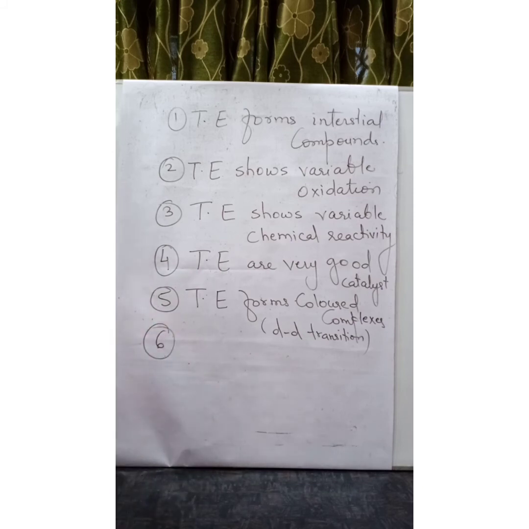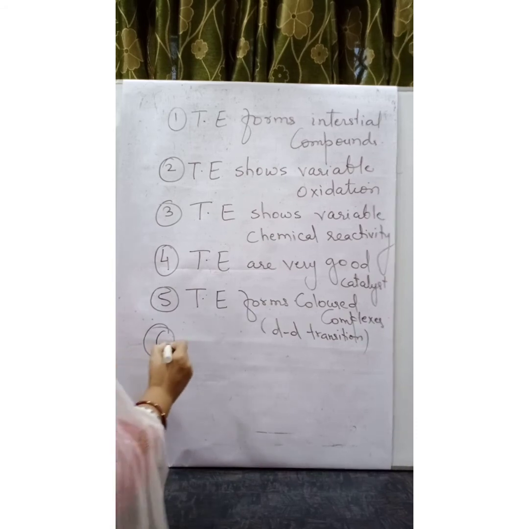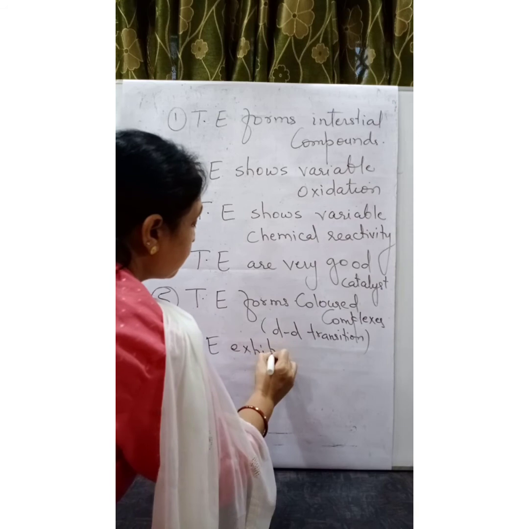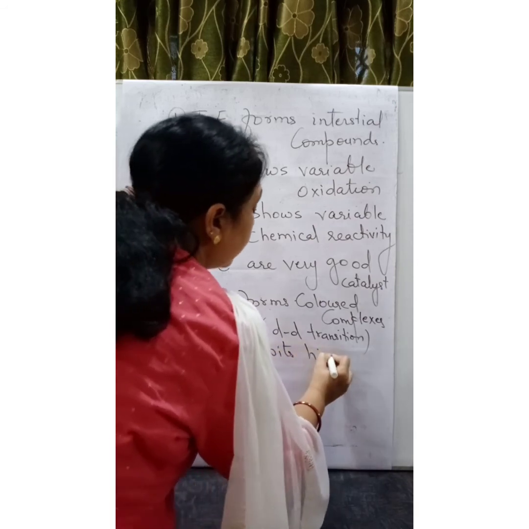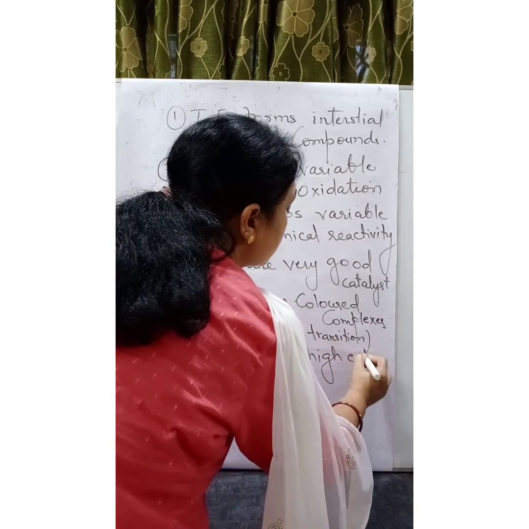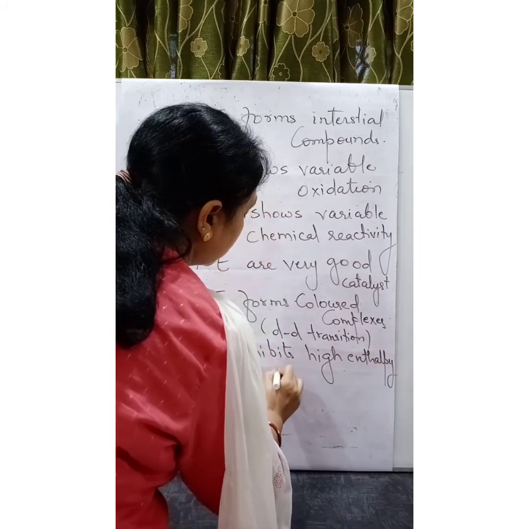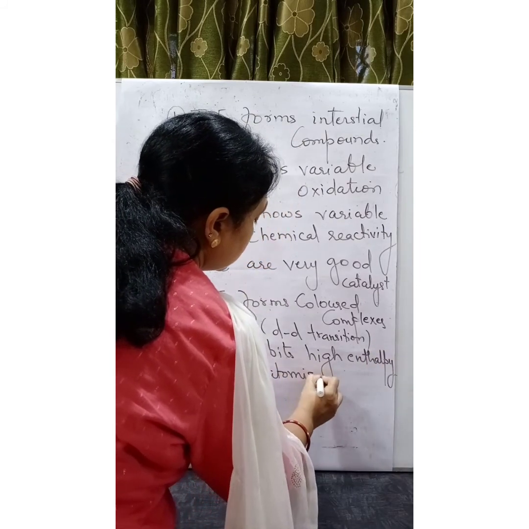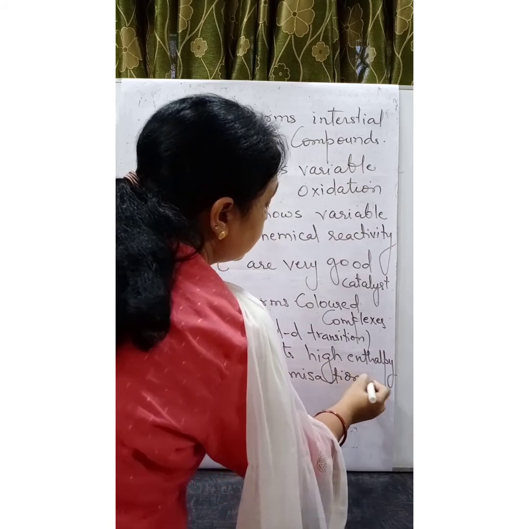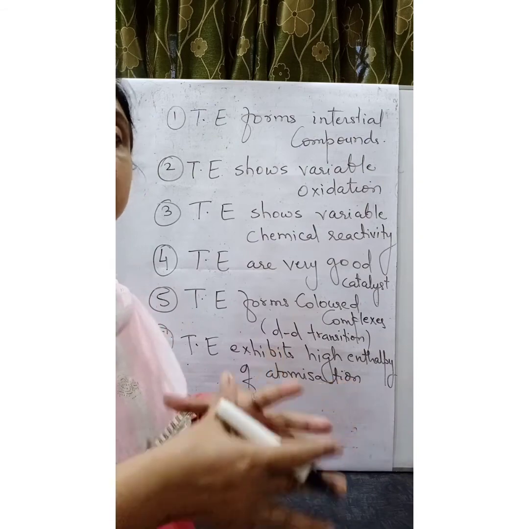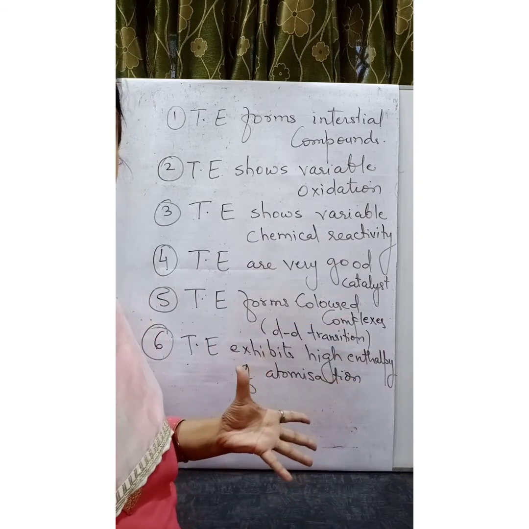The sixth characteristic of transition elements is that they exhibit high enthalpy of atomization. Atomization means the amount of energy required to break bonds resulting in the formation of atoms.